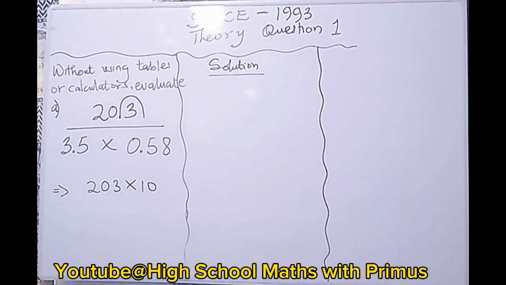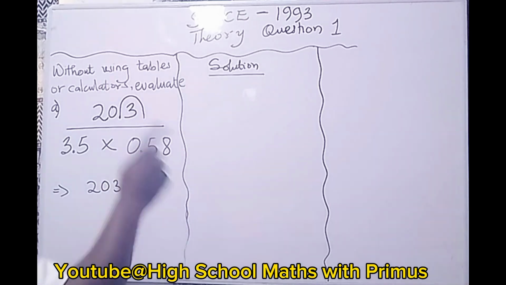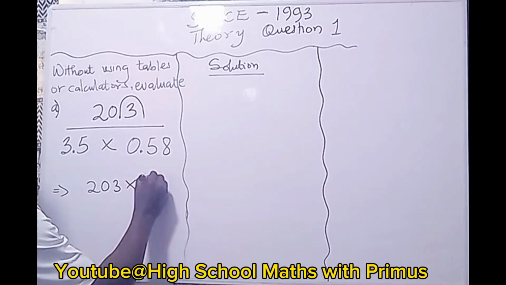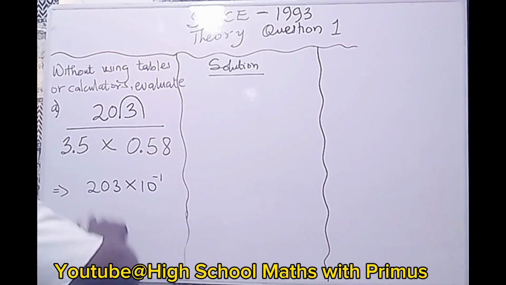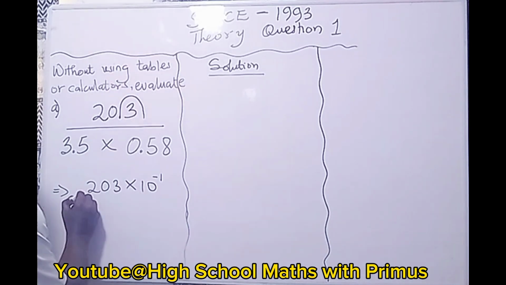How many times did we move? We moved once. In what direction? To the right side. Using the standard form idea, to the right side means exponent -1. So you moved one time to the right, and that is negative exponent 1.